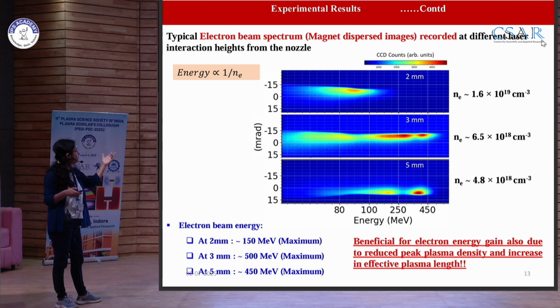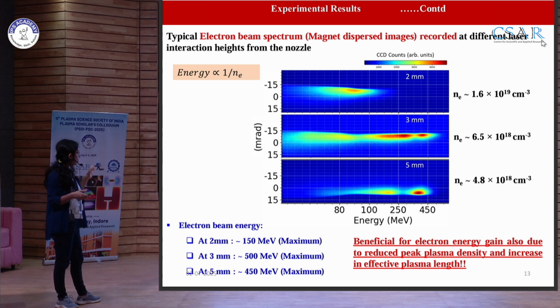We also recorded electron beam spectrum at all heights. So, what we observed, we saw that at 2 mm, the electron beam energy was 150 MeV. It is the maximum energy, which changed to 450 MeV for 3 mm and 5 mm respectively.